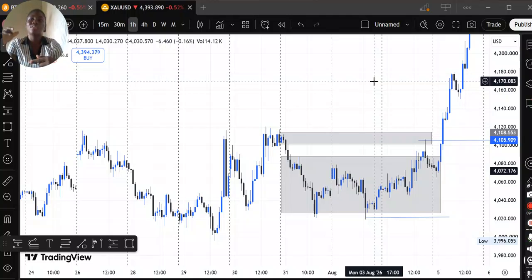So when you have situations like that where price gets to a fair value gap and creates another fair value gap, you already know that it's expected that fair value gaps would neglect price, right?